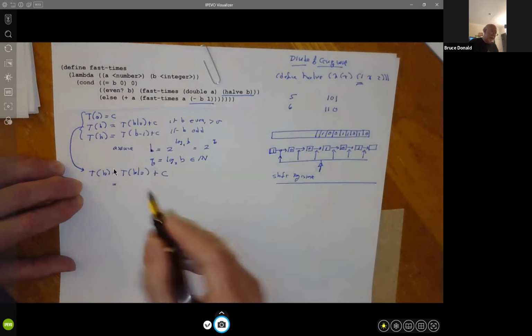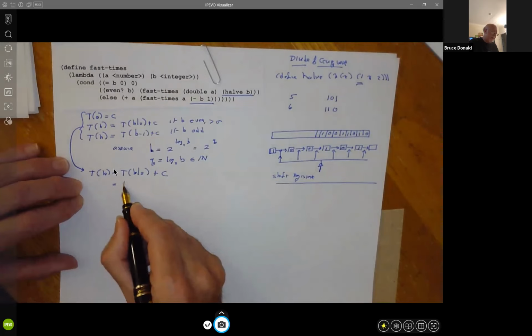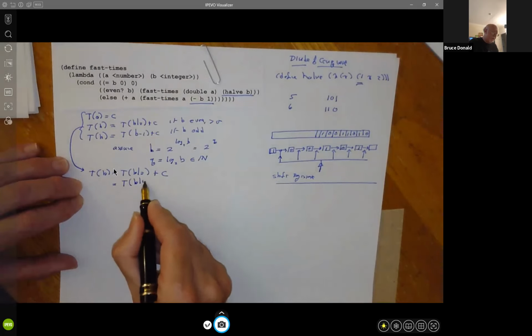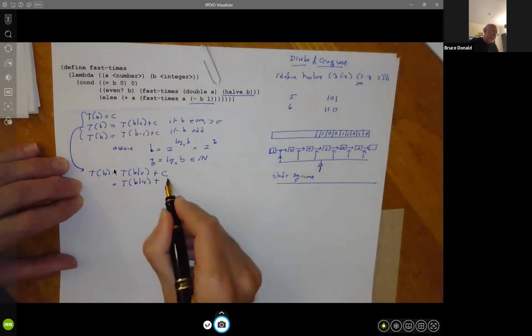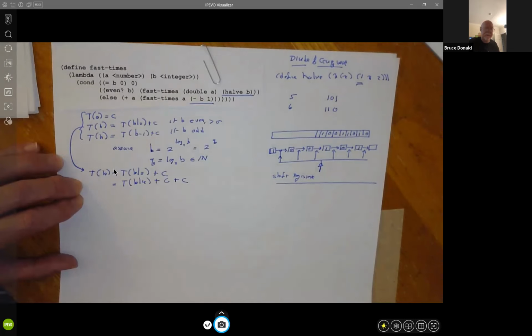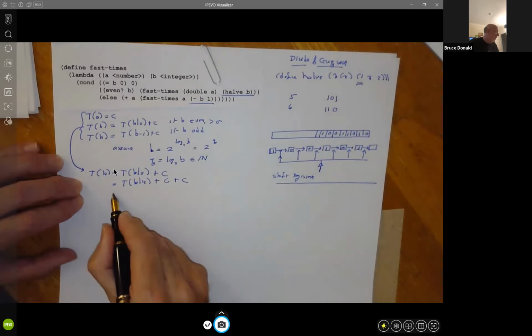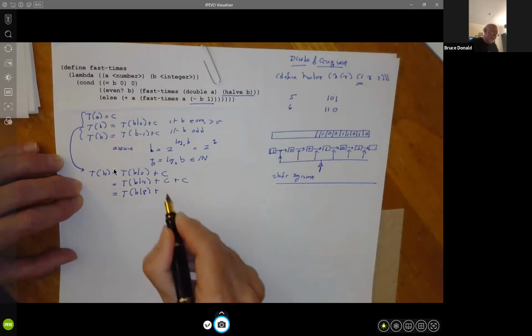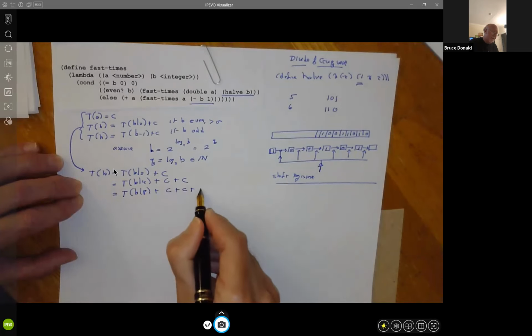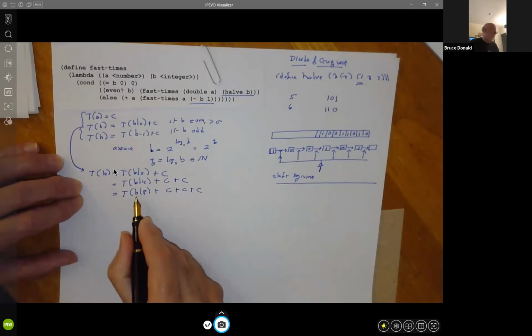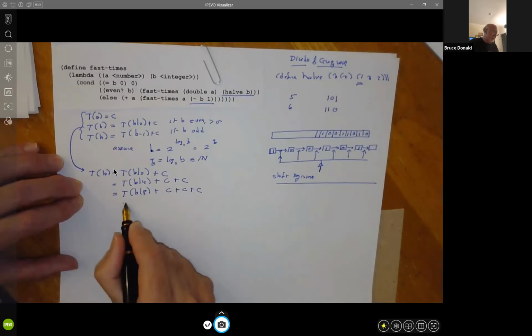Suppose it's even the next time, which it will be because it's a power of 2. Then the next time t is b over 4 plus c plus c. We keep track of the c's here. And then next, let's do one more, t of b over 8 plus c plus c plus c. We're accumulating c's, but the b is getting dramatically smaller. This goes on for a while.